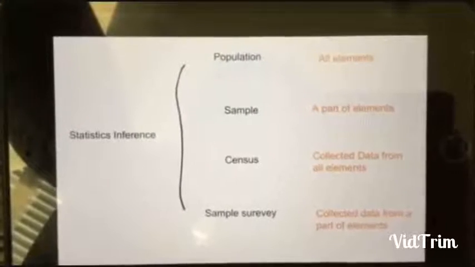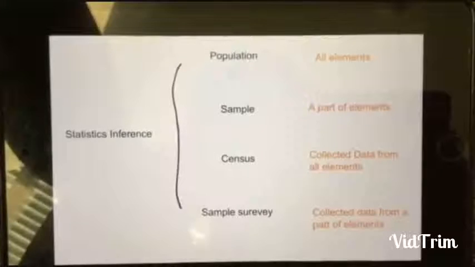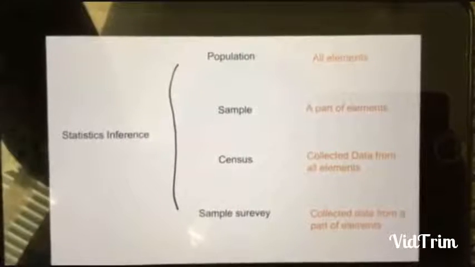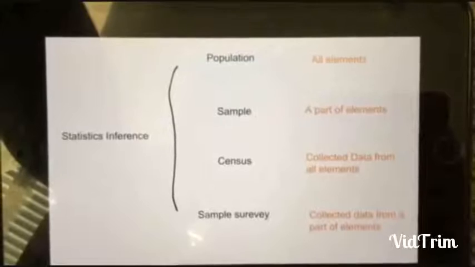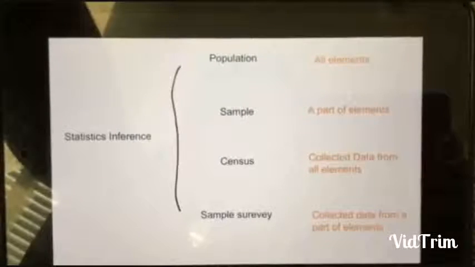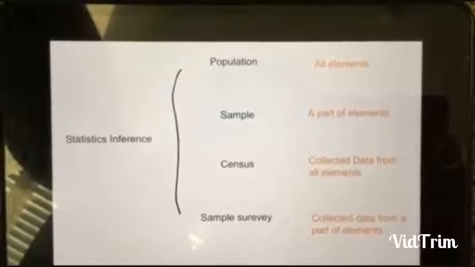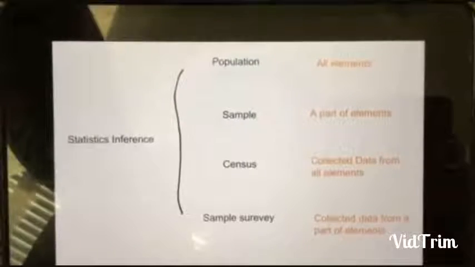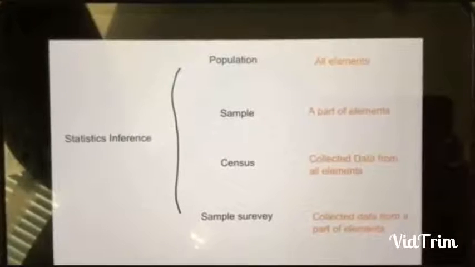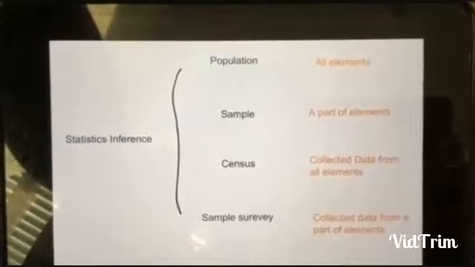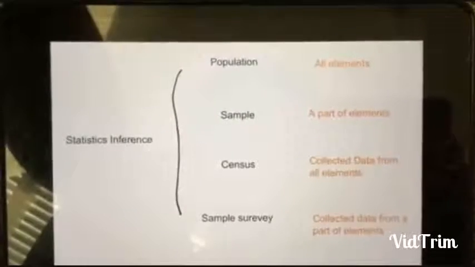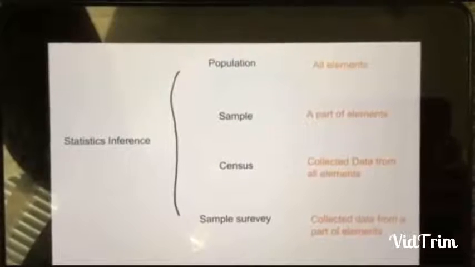Second is sample. A sample is a subset of the population. In other words, it is a part of the population. Third is census. A census is data collected for the entire population. The fourth is sample survey. It's similar to a census, but the difference is that the data in a sample survey are collected for a sample.